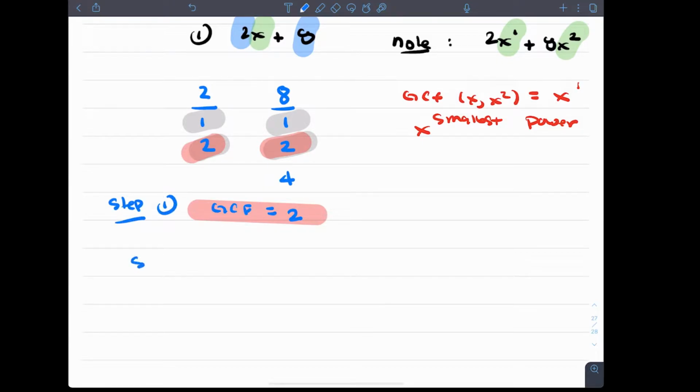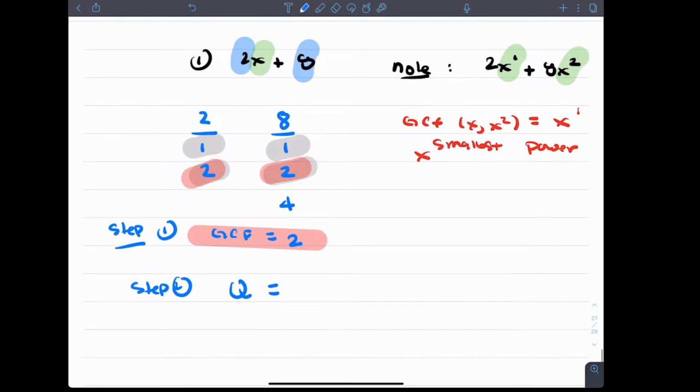Do you guys happen to know what step 2 is? Step 2 is to find the quotient. What does quotient mean? It means to divide. What am I dividing?